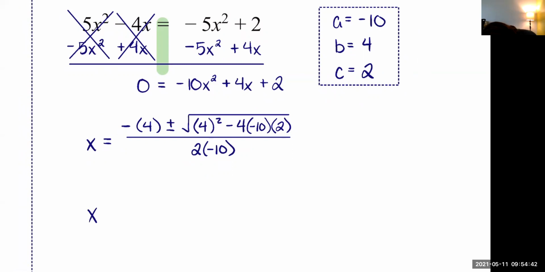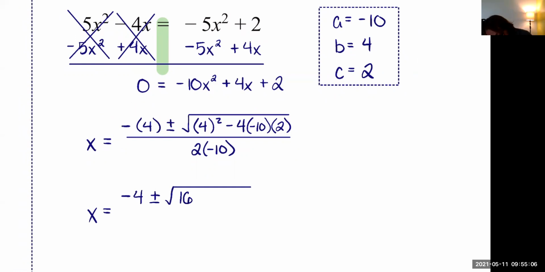So I'm going to have x equals negative of 4. What's that become? Negative 4 plus or minus the square root of 4 squared. You said x equals -4. Yes. So that very first one, you can think of that as negative 1 times 4. That's correct.